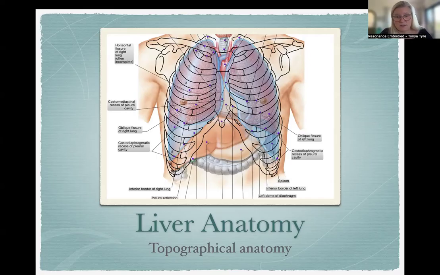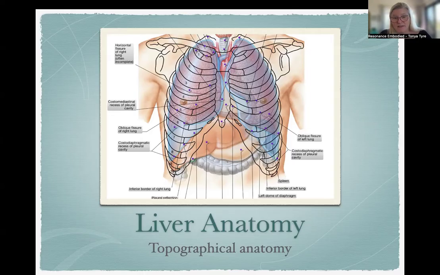One of the reasons why the liver's effective weight is 400 grams is that the lungs, because they're full of air and expand and contract, have a negative pressure to them. It's creating a suction to hold all of these organs up. We're going to see that suction decrease if the rib cage is really restricted and the lungs can't expand, either because the rib cage is very restricted or maybe the lungs are affected by some sort of disease.